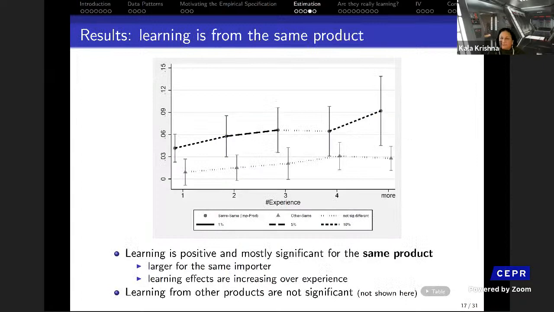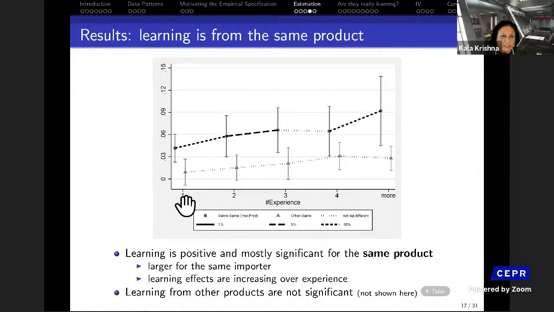So in the paper, we have these horrendous looking tables. They take up the whole page, okay? And we've thought very hard about how we are going to present this, and we decided that this picture was the best way to present an ugly set of tables. So here's what we did. The round dots are giving you the point estimates for same importer, same product.